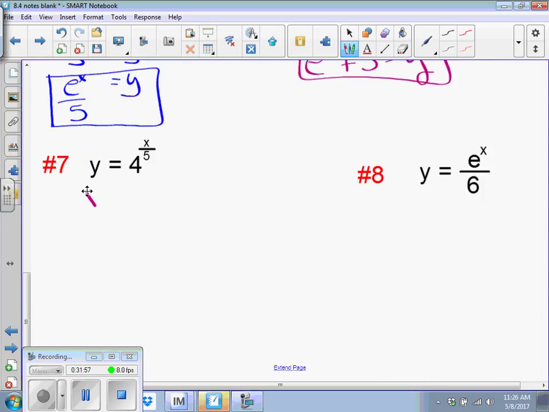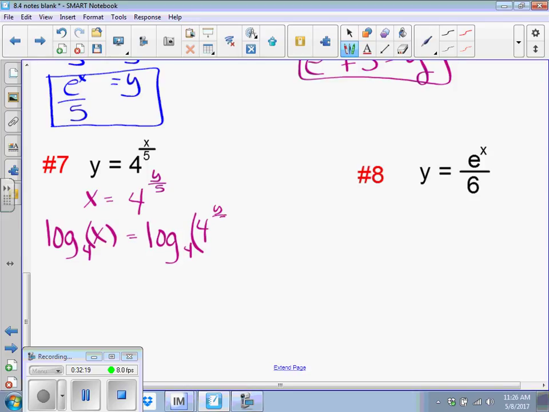So we're going to switch the x and y. So x equals 4 to the y divided by 5 power. Now I'm going to take the log base 4 of both sides. Log base 4 of x equals log base 4 of 4 to the y divided by 5 power. What happened? The log base 4 of 4 canceled.